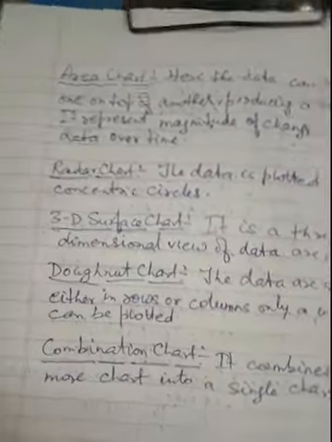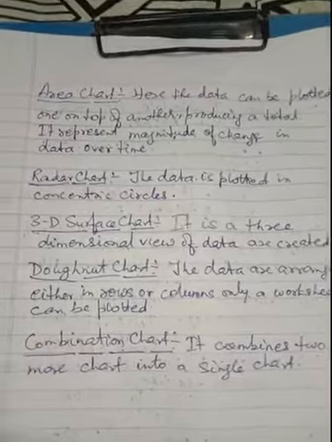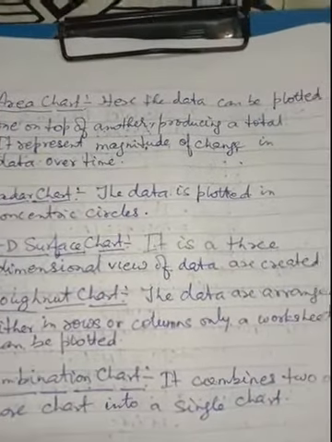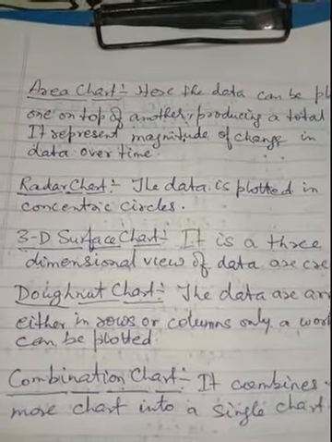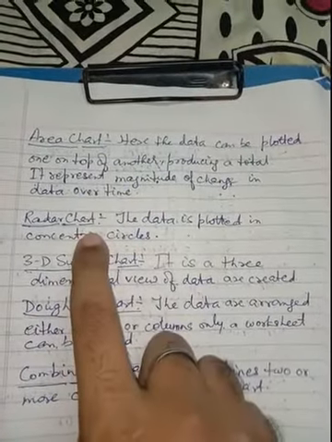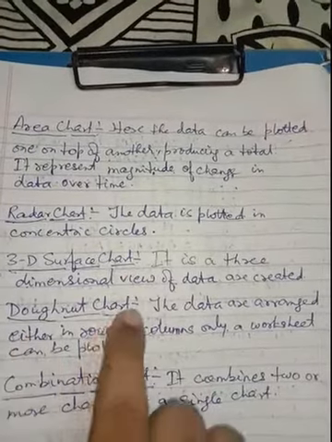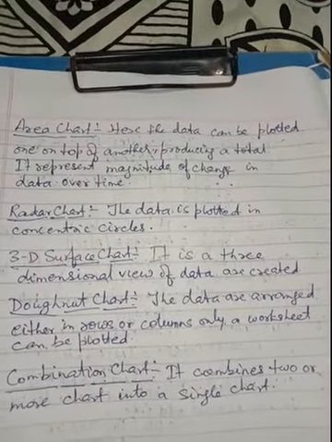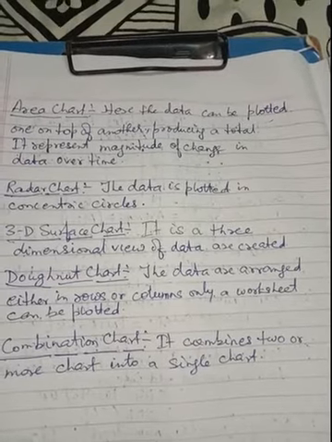In the last video we discussed the column chart, the bar chart, the line chart, the scatter chart, the pie chart, and in this video we discussed the area chart, radar chart, 3D surface chart, Doughnut chart and combination chart.